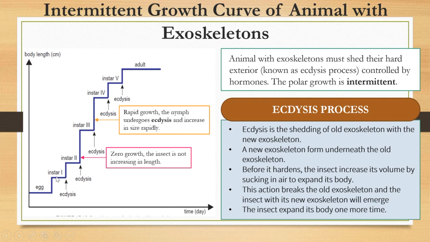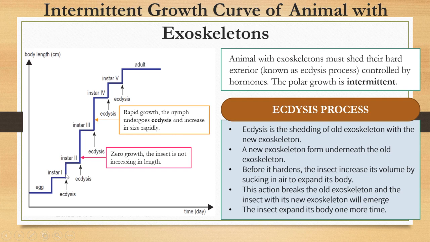After instar, the ecdysis process will occur, the shedding of the old exoskeleton with the new exoskeleton. At this time it will increase in size rapidly. So during ecdysis, it shows rapid growth.